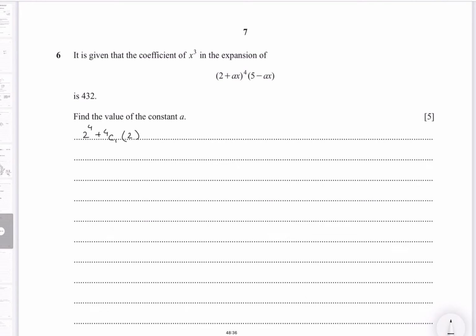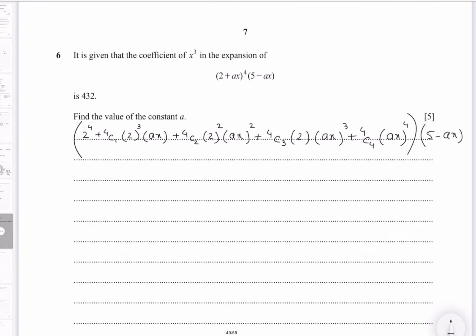So 2 power 4 plus 4c1, 2 power 3 ax power 1 plus 4c2, 2 power 2 ax power 2 plus 4c3, 2 power 1 ax power 3 plus 4c4 ax power 4, and the bracket (5 minus ax).